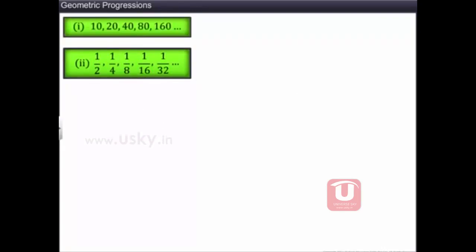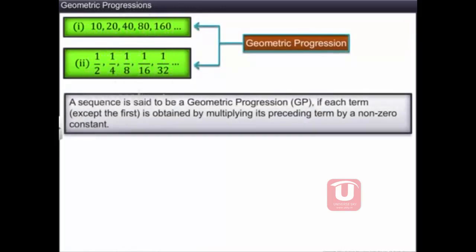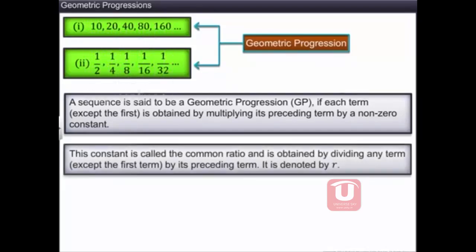Mathematically, a sequence is said to be a geometric progression if each term except the first one can be obtained by multiplying its preceding term by a non-zero constant. This constant is called the common ratio and is obtained by dividing any term except the first term by its preceding term. It is denoted by r.